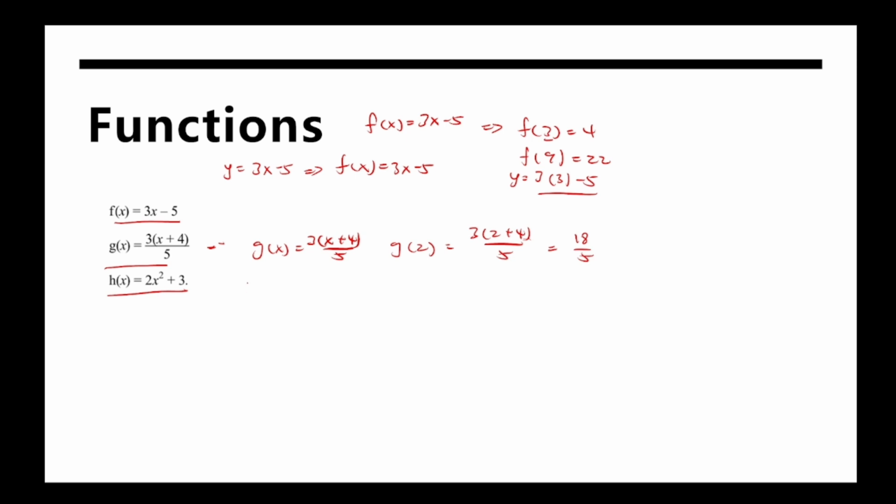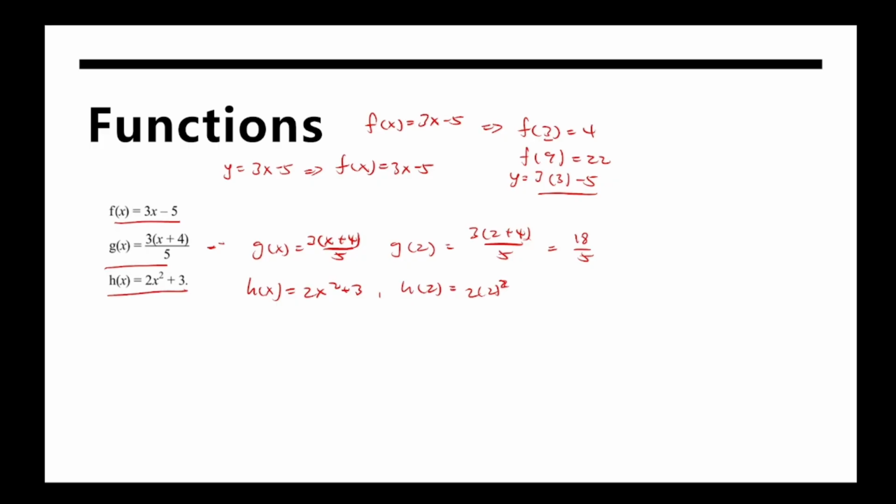And h here, the same. h(x) equals 2x squared plus 3. And h(2) equals 2 times 2 squared plus 3, which is 8 plus 3, which is 11.